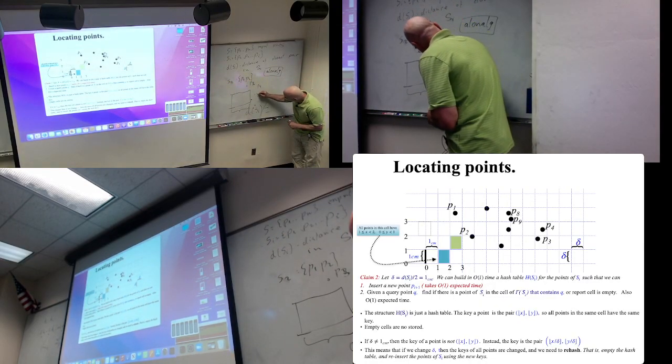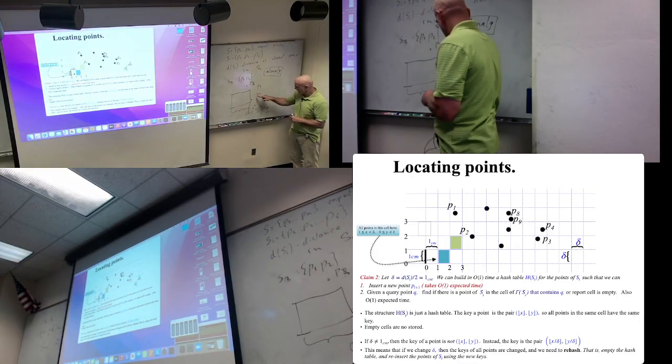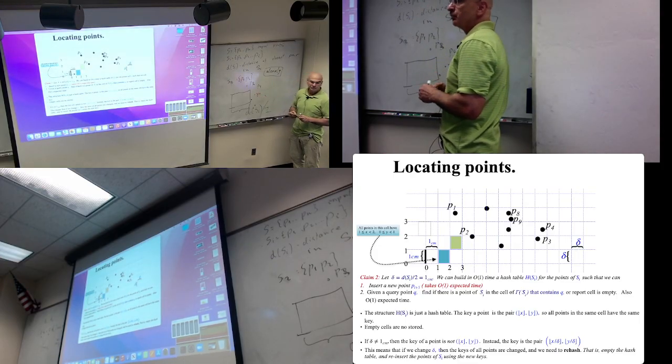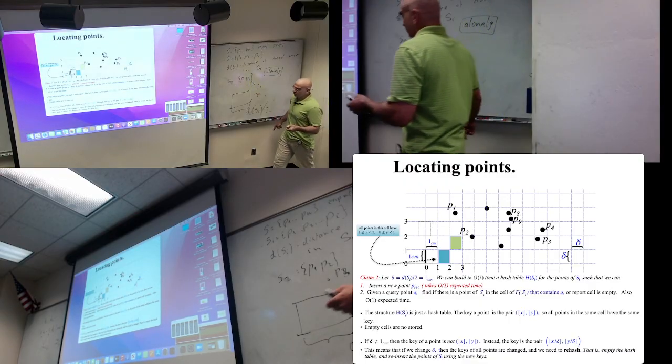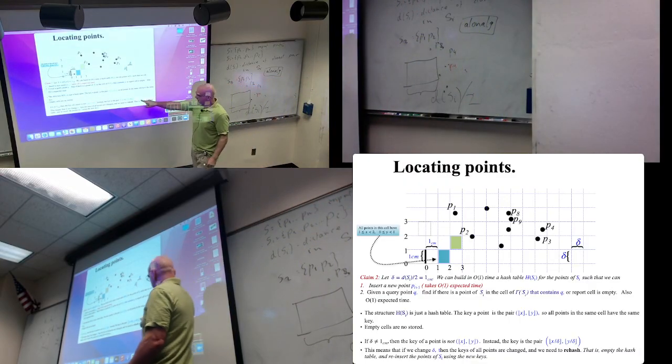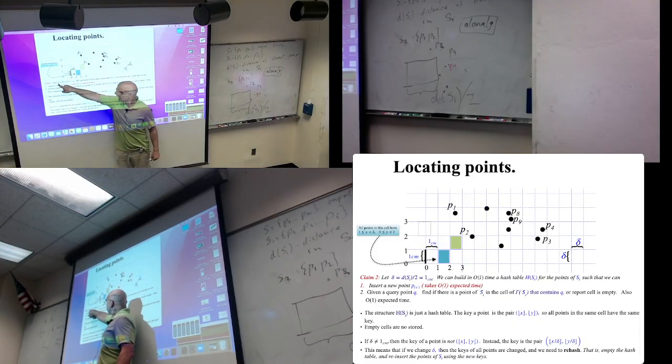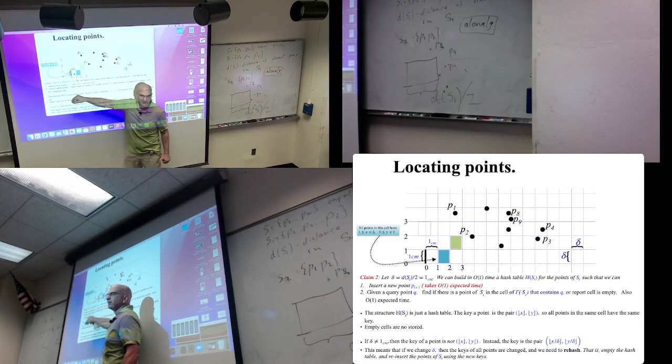Now, what happens if I'm adding a point, Pi plus 1, and because of the new point, the grid size needs to be smaller. So now delta is just a shorthand for d of Si over 2.